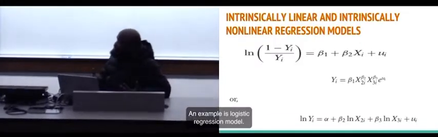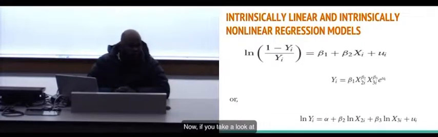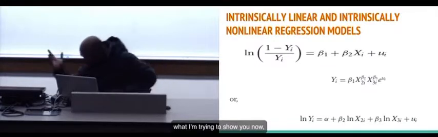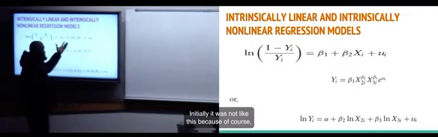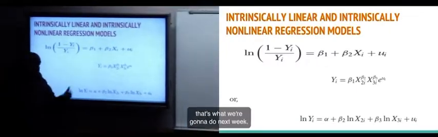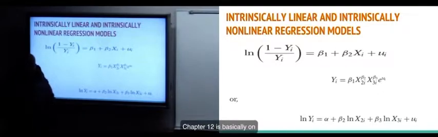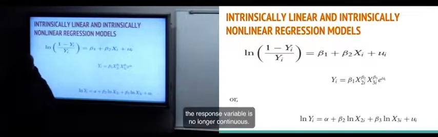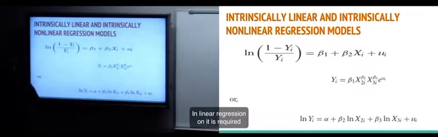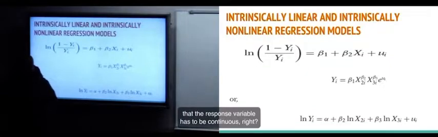An example is the logistic regression model. If you take a look at what I'm showing you now, this looks linear. Initially, it was not like this, because that's what we're going to do next week. Chapter 12 is on the logistic regression model, where the response variable is no longer continuous. In linear regression, the response variable has to be continuous, right?